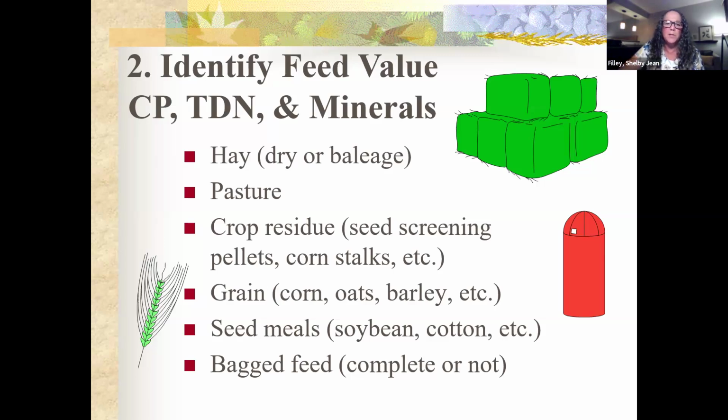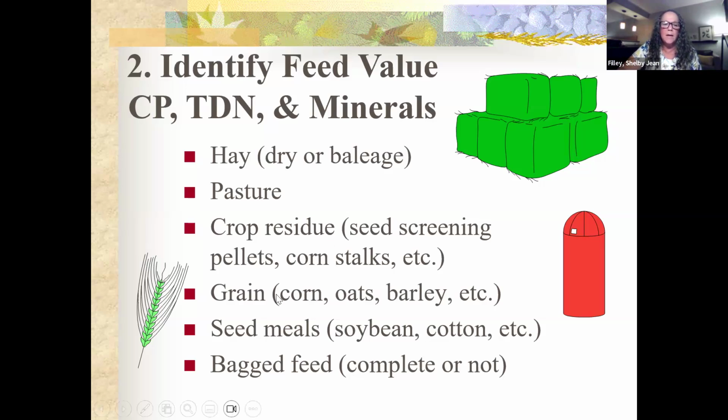For all the feeds, especially your hay, your dry hay or baleage, test that and figure out what that is. We also have pasture, and you can estimate that, and I'll tell you a little more about that. Crop residues like grass seed screening pellets or corn stalks, you'll have to test to make sure what that is.